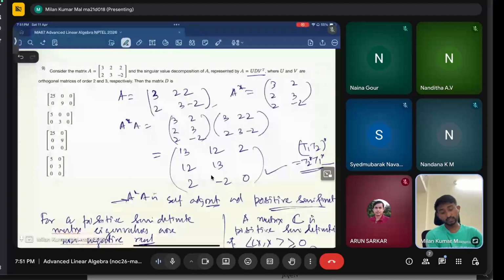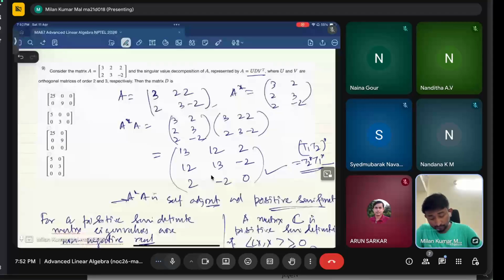Next is 2, 3, 6 minus 4, that is 2. That is 2 to 4 minus 6, that is minus 2, that is 0. Okay, this is actually a symmetric matrix. Yes, I had made a mistake, so it is changed to 2 minus 2. So the matrix is 13, 12, 2; 12, 13, minus 2; and 2, minus 2, 0.